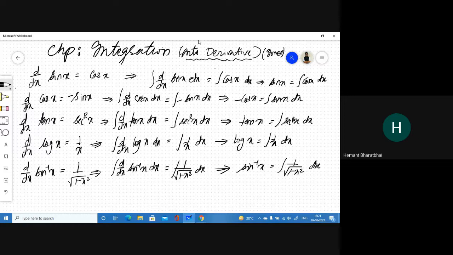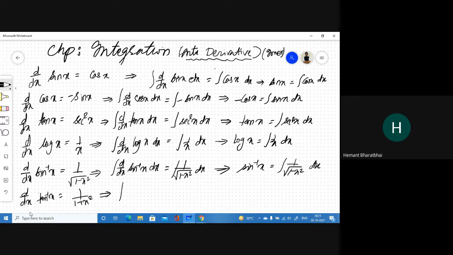Okay. So one additional thing I want to show over here is, suppose I take tan inverse of x, so its derivative is 1 upon 1 plus x square.